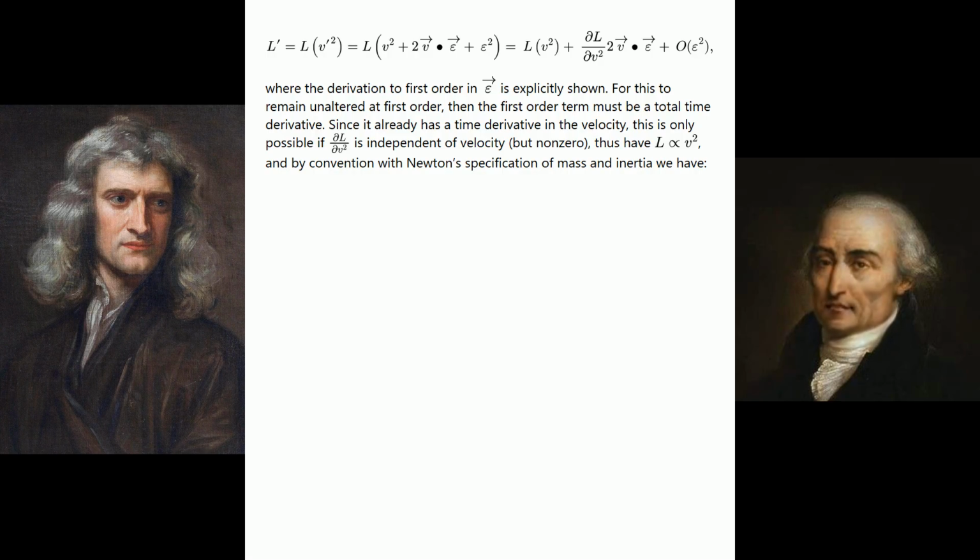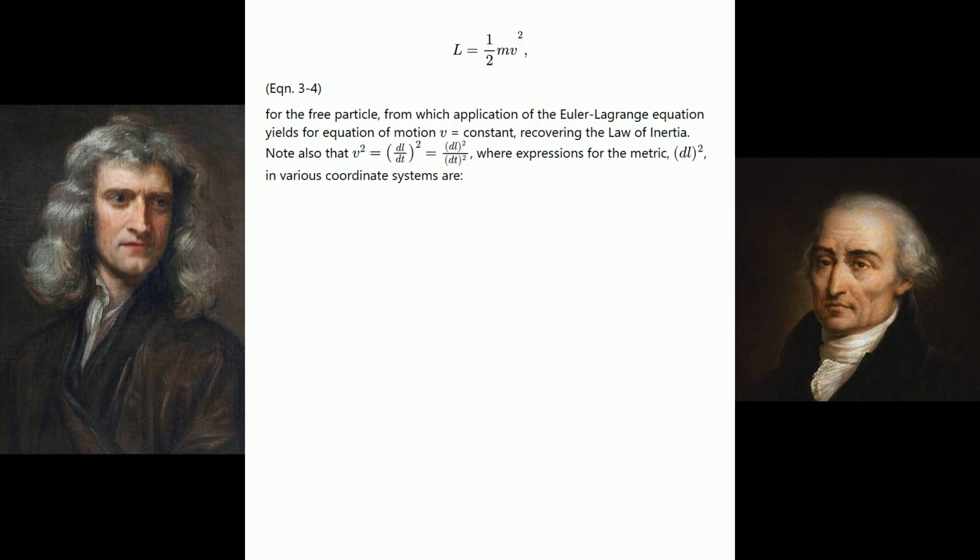Since it already has a time derivative in the velocity, this is only possible if the fraction with numerator partial differential L and denominator partial differential v squared is independent of velocity, but non-zero, thus have L proportional to v squared, and by convention with Newton's specification of mass and inertia we have Equation 3-4, for the free particle, from which application of the Euler-Lagrange equation yields for equation of motion v equals constant, recovering the law of inertia.